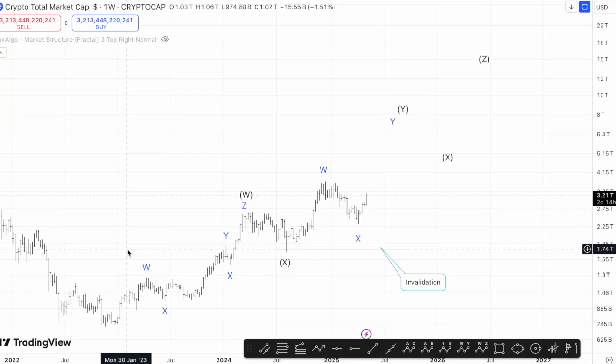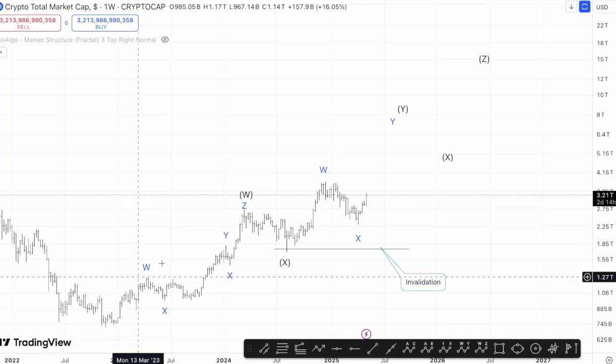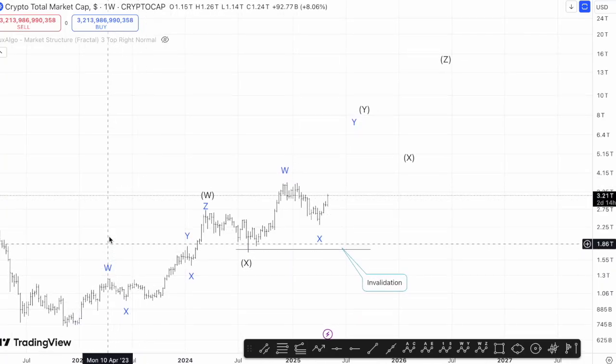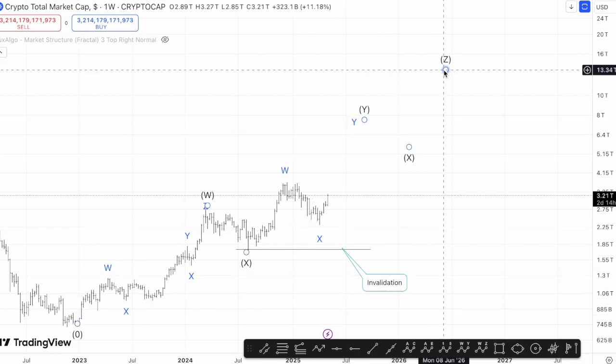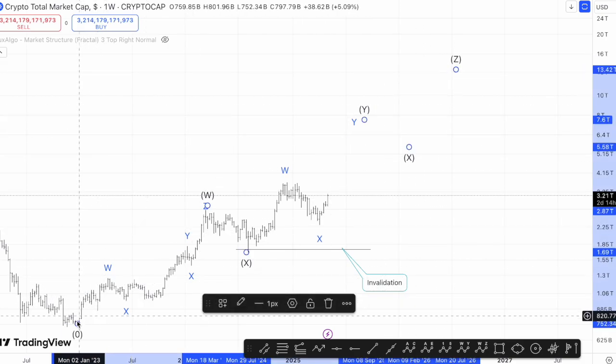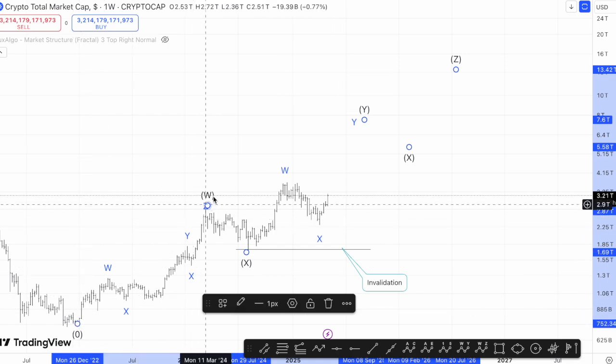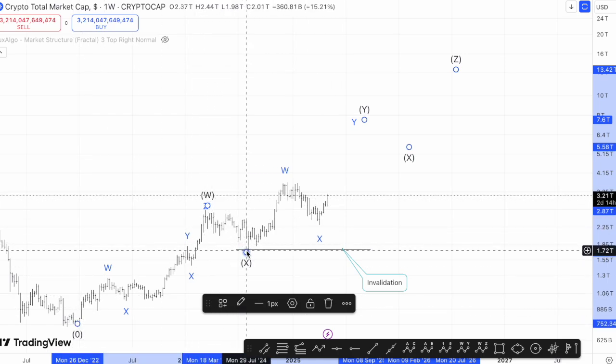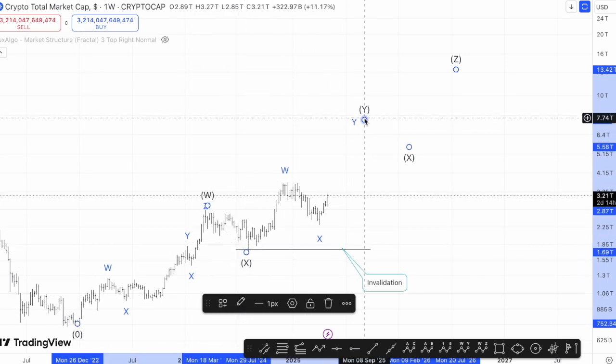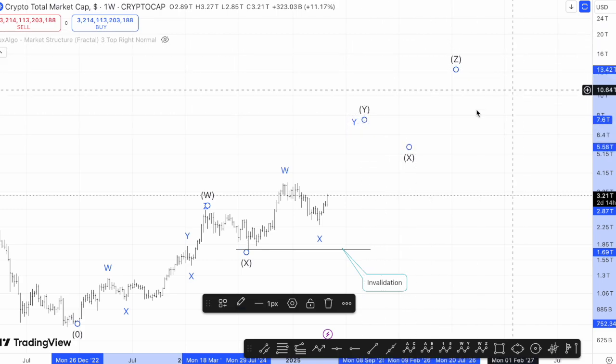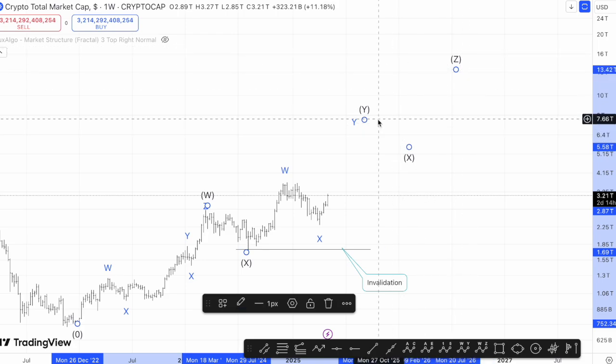Now let's move on. This is the count that we are considering for this move, and I explained it in the previous video as well. This to me is a corrective W, and then this is a corrective X, and we could possibly be in a wave Y, which could include a secondary X and a Z, but that is not the subject of this video.